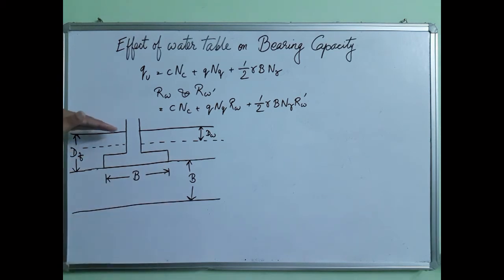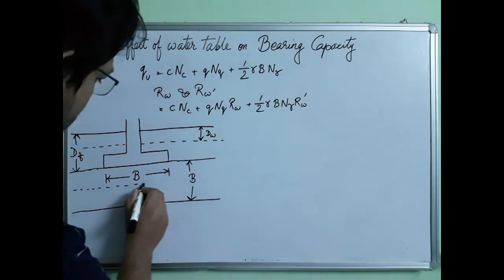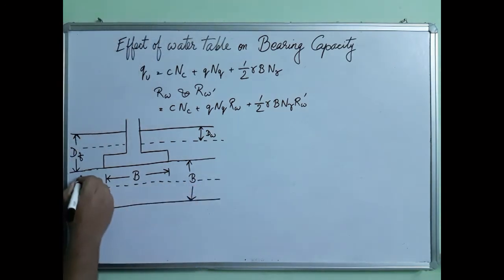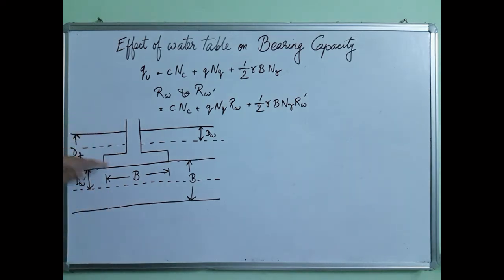Now if the water table drops down and reaches somewhere within this region, below the base of the footing, anywhere, then this distance would be called Dw dash.